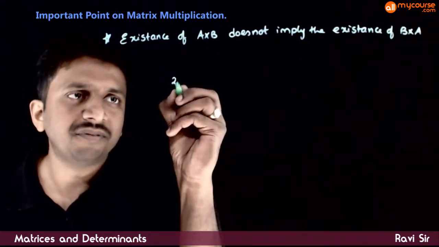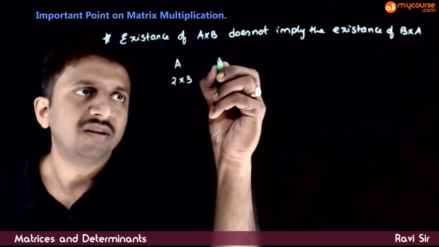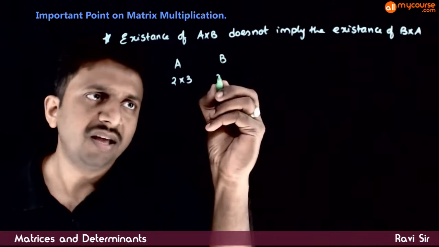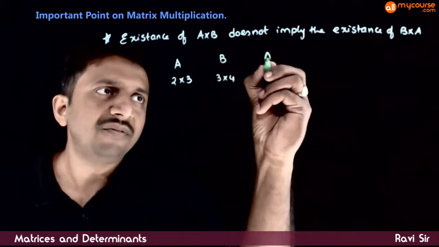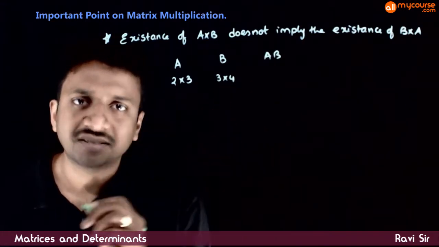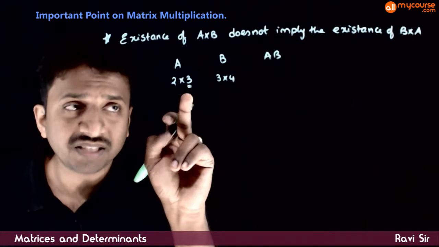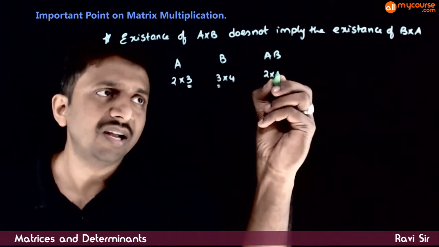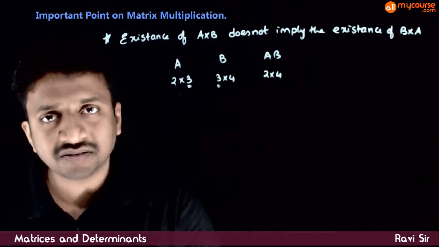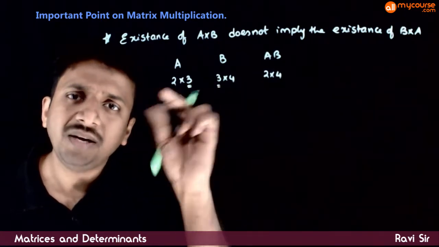For example, if A is a 2 by 3 matrix, B is a 3 by 4 matrix. Now we can see that AB exists because the number of columns in the first matrix, 3, and the number of rows in the second matrix are equal, and you get a 2 by 4 matrix. Now for the same matrices, can you do B into A?